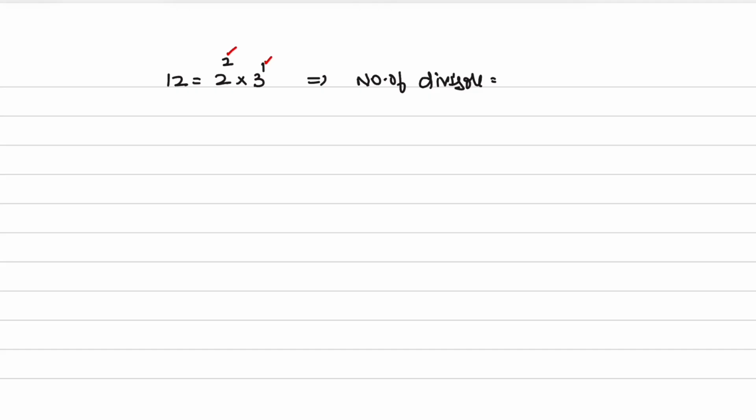Powers only we have to take. 2 plus 1 into 1 plus 1. How many are there? 6. Number of divisors of 12 are 6. Because we have to convert the given number into powers of smallest prime factors.